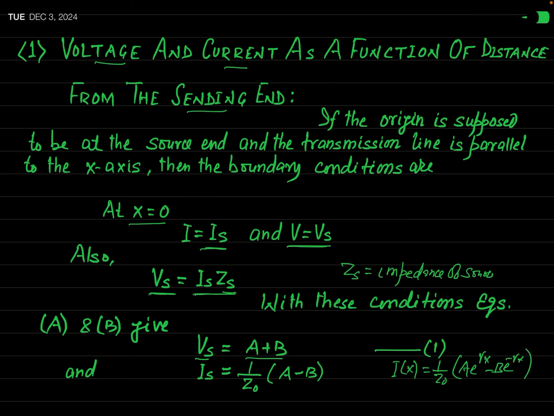Now apply this condition. When you take x equal to 0, again these two exponential factors will be 1, because e to the power 0 will be 1, and I will be equal to Is.